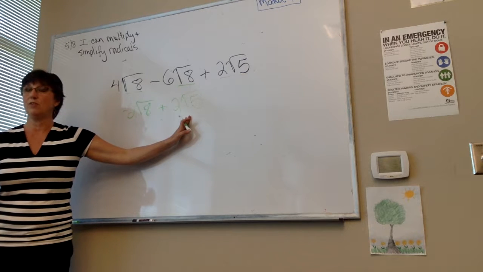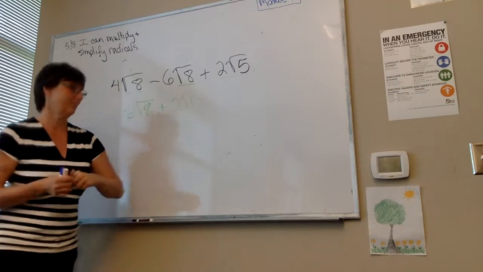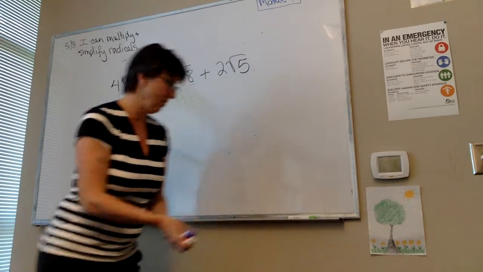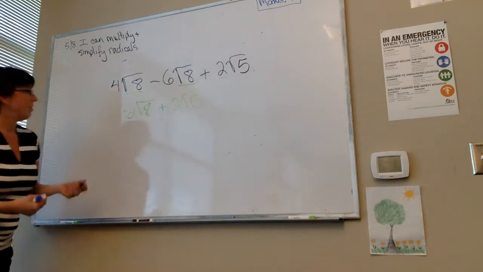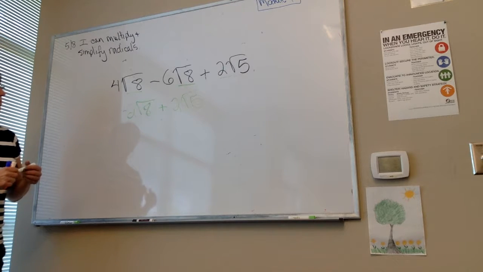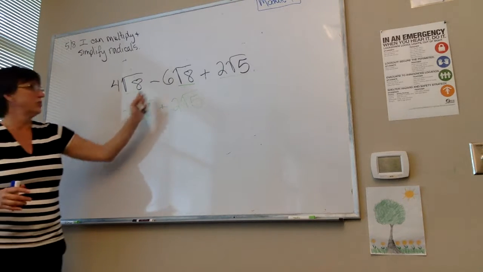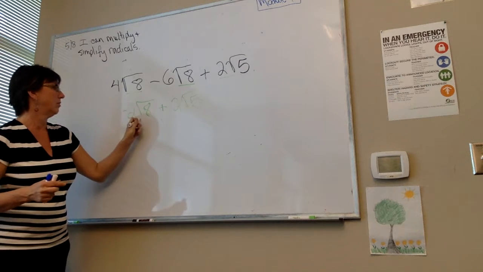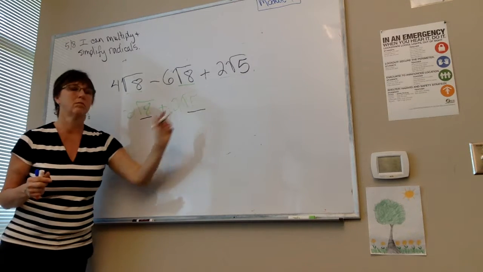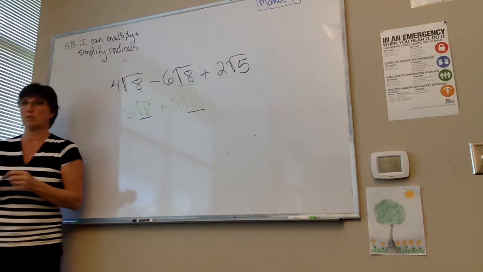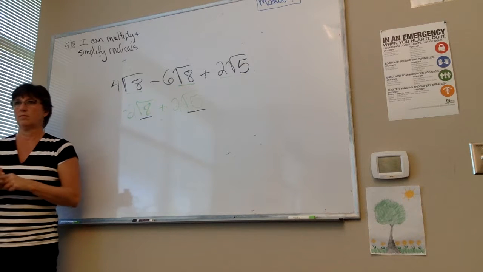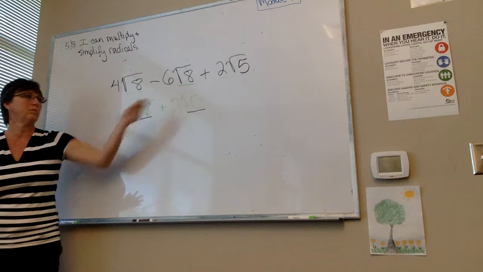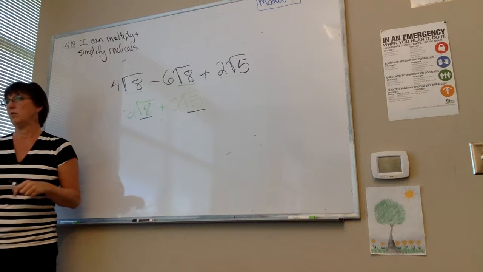Sometimes we can go a little farther. And this, I think, is the fun part. Can we factor any of the numbers that are under the radical? Can we factor them beyond 5 times 1 or 8 times 1?